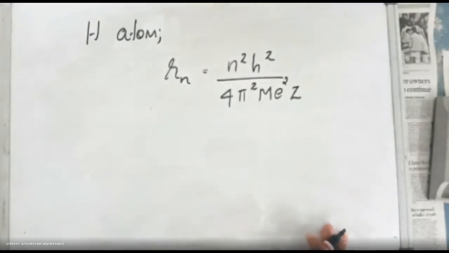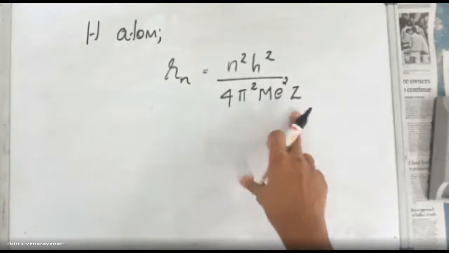That is, n square h square divided by 4 pi square m e square z.